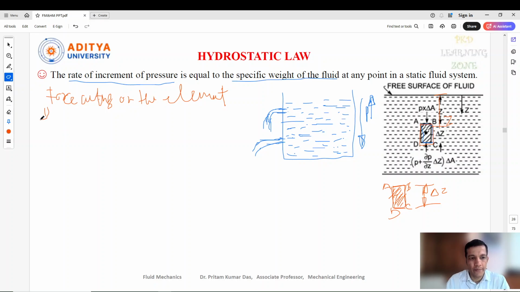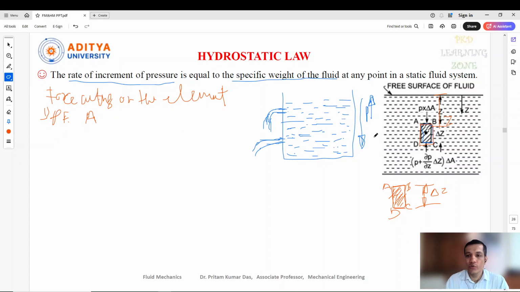First, the pressure force which is acting on side AB. Previously also we have discussed this. One pressure force will be there, and one weight of the fluid element will be there.